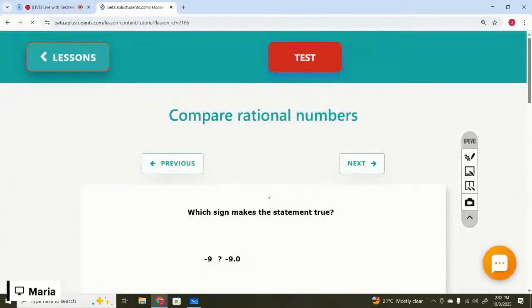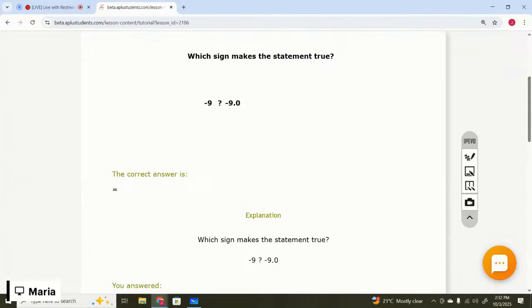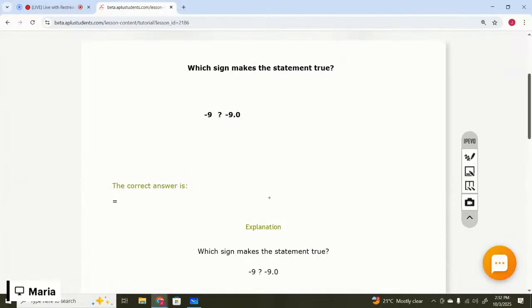Compare rational numbers: which sign makes the statement true? Negative 9 is equal to negative 9.